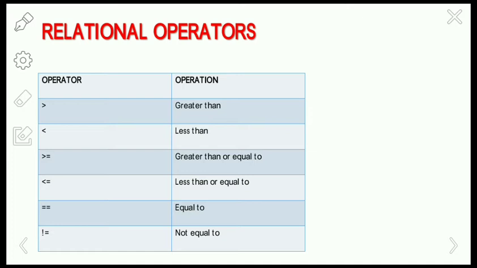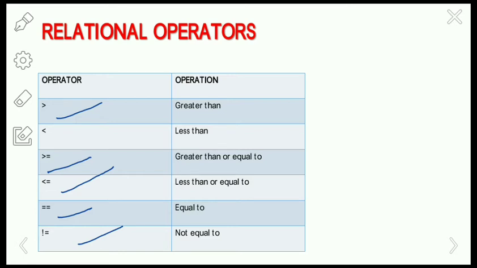We are going to take the first one, the operator greater than, then less than, greater than or equals to, less than or equals to, double equals to, and not equals to. These are the different types of relational operators.